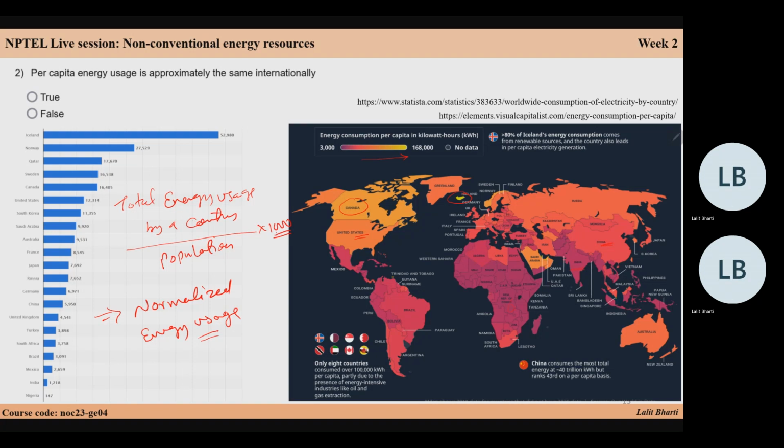So here we can see that per capita energy consumption is not the same for all the countries. So we can say that this statement is not correct. This is a false statement. Now with this example, we got to know what is energy, what is per capita energy use, and what is the trend internationally.